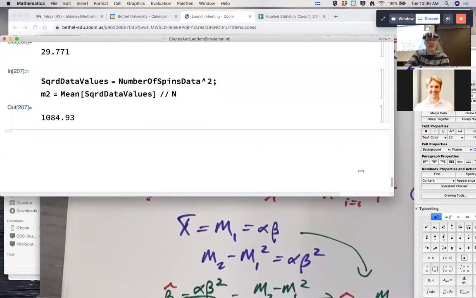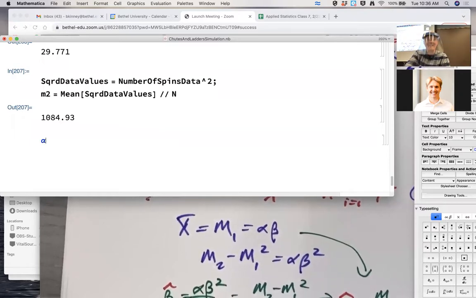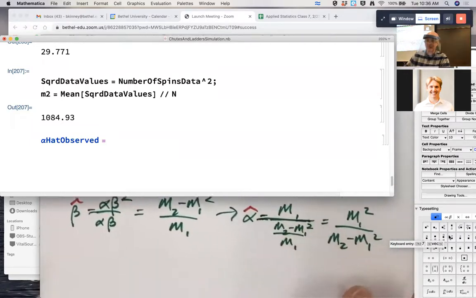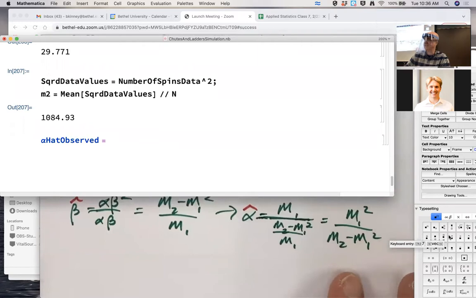So our observed value of alpha hat, what should I call it? Alpha hat observed, maybe. According to this formula, should be m1 squared divided by m2 minus m1 squared, little m1 and m2.